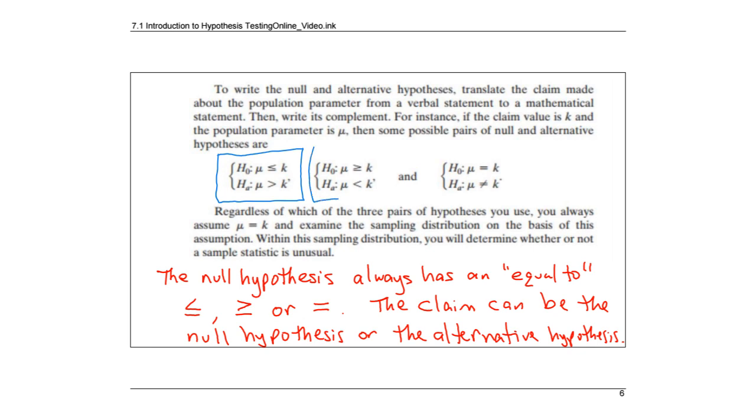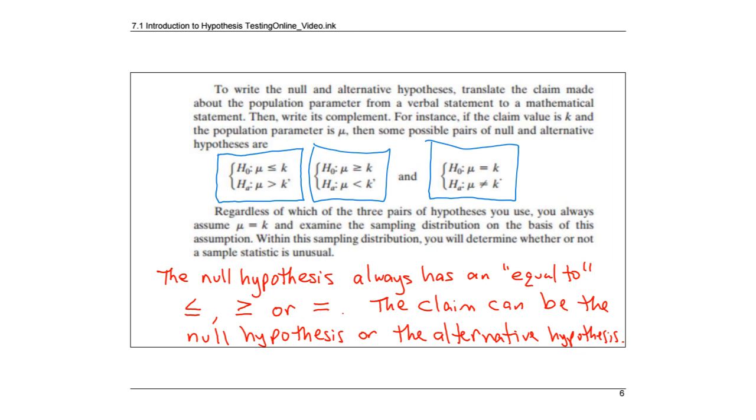If I have the one in the middle, where the null hypothesis is greater than or equal to K, then the alternative is going to be that the mean is less than K. And then finally here, if the population mean is equal to K, that's the null hypothesis, then the alternative would be the complement. That would be that the population mean is not equal to K.